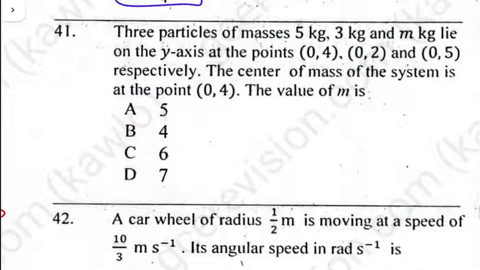So to get the value of m, you have the three masses. Let me see, you have (0, 4) and (0, 5). Lie on the y-axis. Oh, hold on.